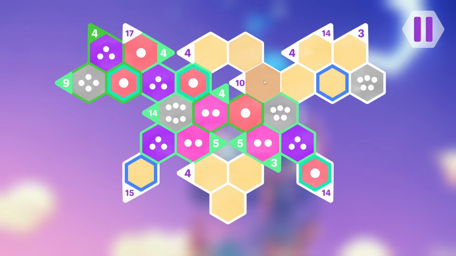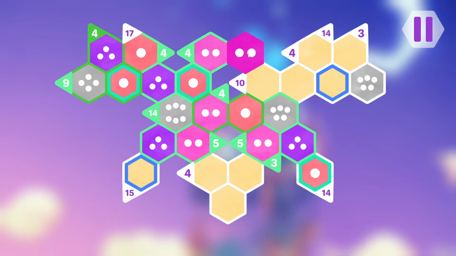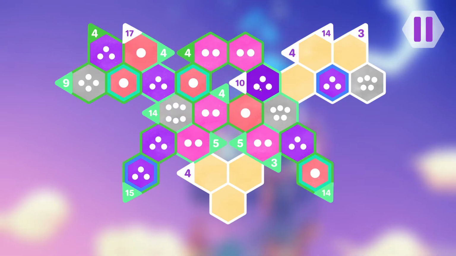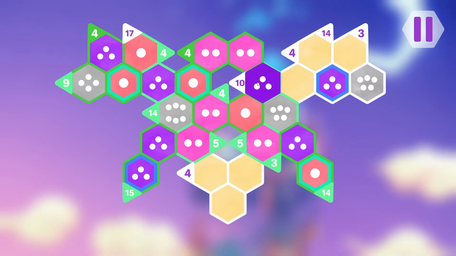We have 5 remaining for these 2 cells. And we have 6, 7, 10. We have 5 for these 2 cells. So those are 2s. We have now remaining 3 here and remaining 3 here. For this 10, we have 5 plus 6. So our assumption was wrong.